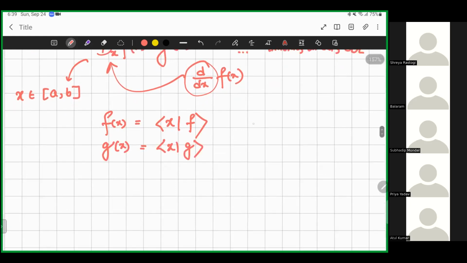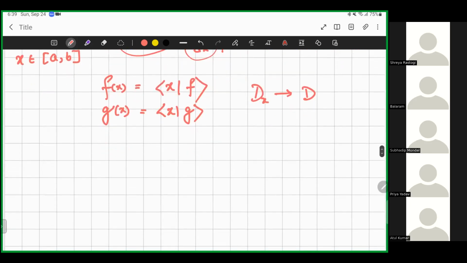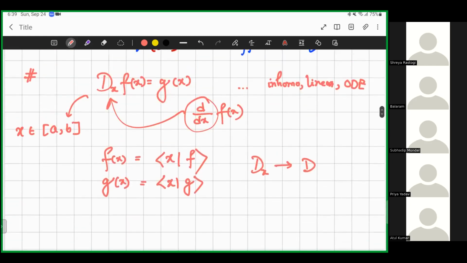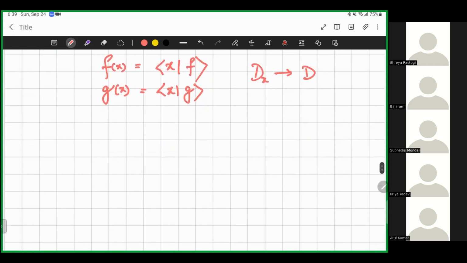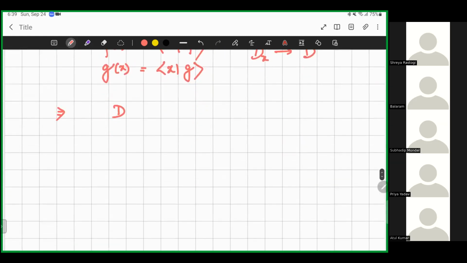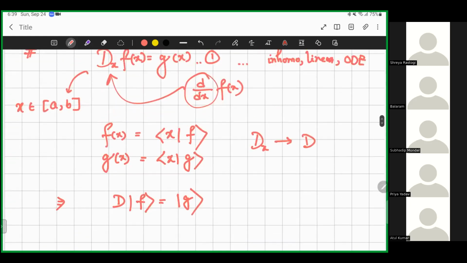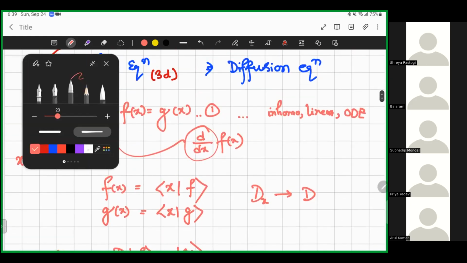And in abstract space, D_x we can write as just D. We can think in terms of operators as well. So let's give it equation number one. Equation number one we can write as D|f> = |g>.